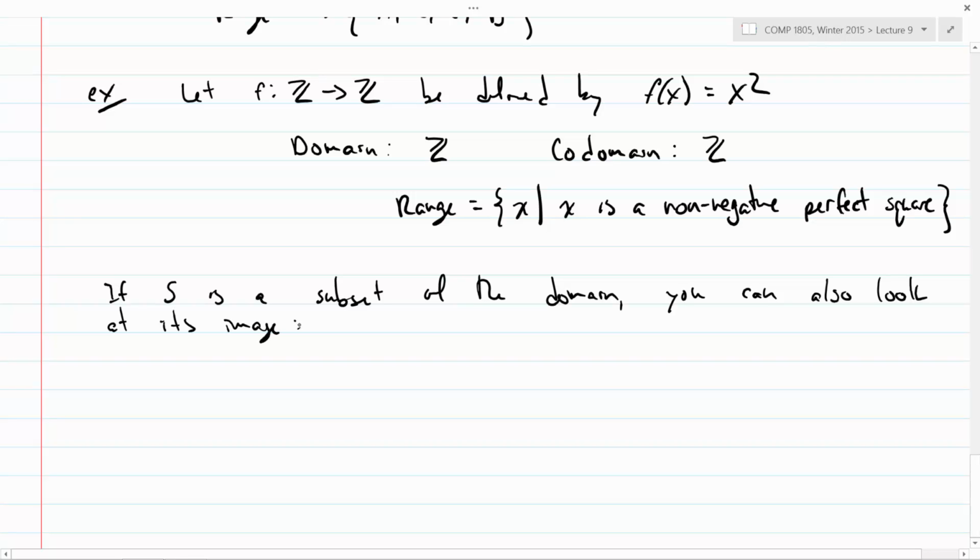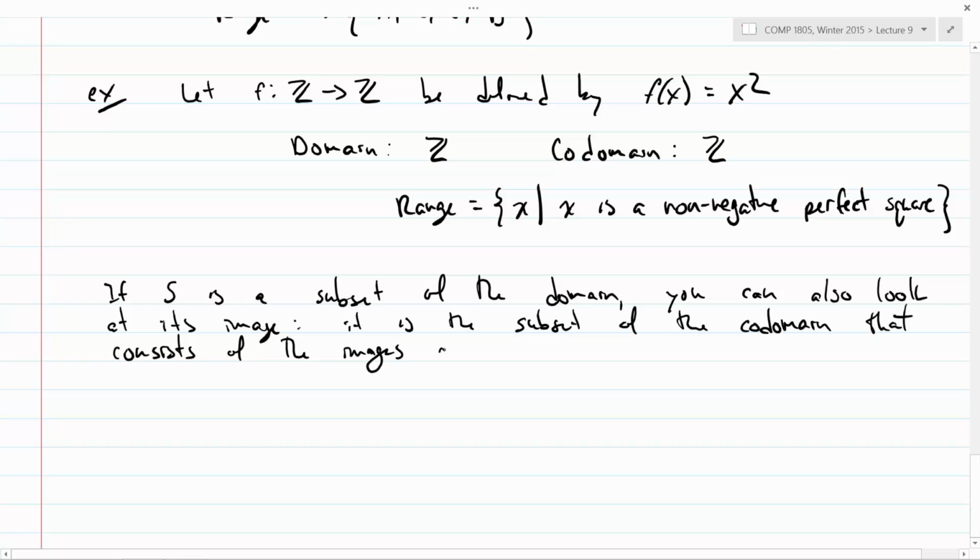And its image is the subset of the codomain that consists of the images of the elements of S. And usually we write it this way.